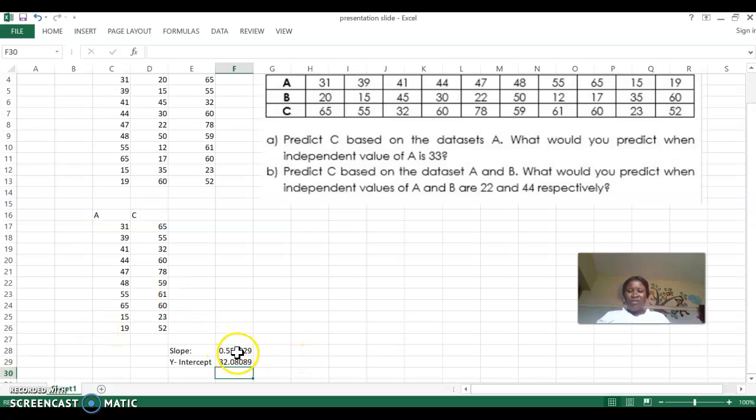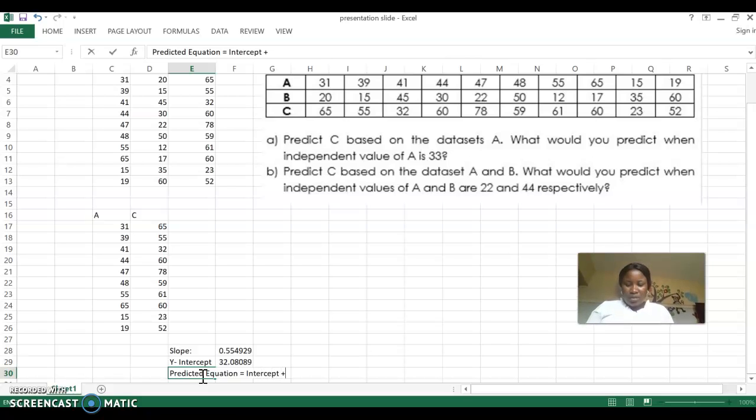So this is the value of my intercept, and this is the value of my slope. Based on these two values, I can write out my predicted equation to be equal to intercept plus slope times x.